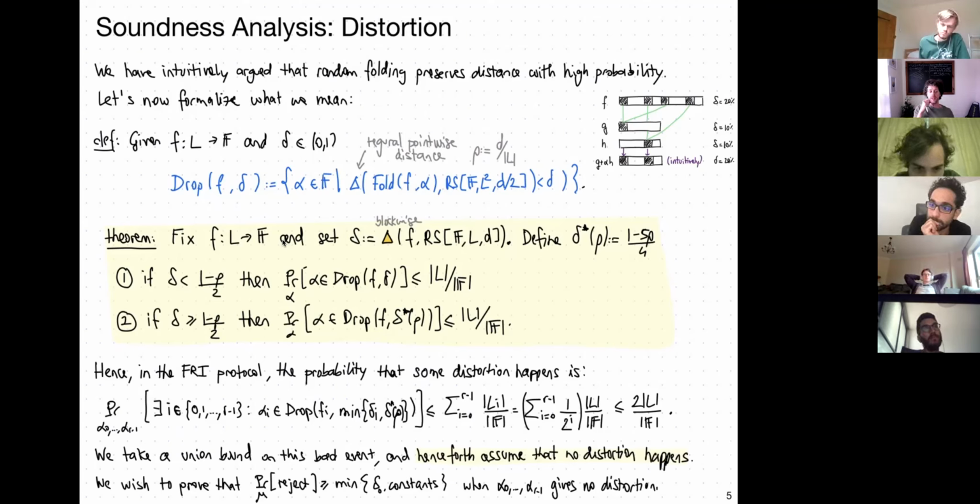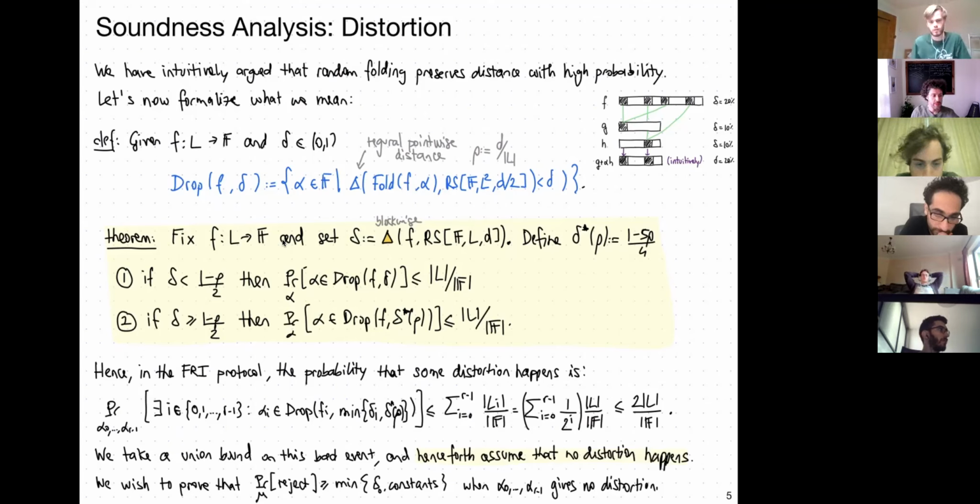Then suppose that the distance always remains the same in all of the iterations, at least this absolute constant. Let's try to analyze the probability that we reject. So we can forget about what happens if we lose distance. Okay, any questions regarding that?